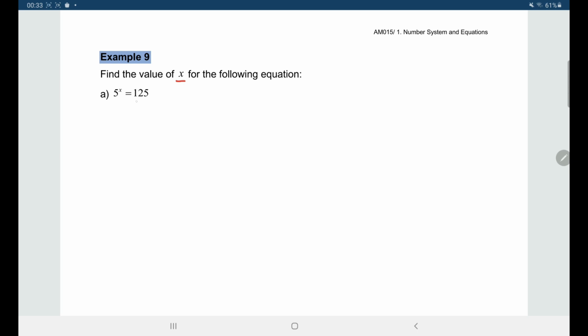Okay, we write 125 in base 5, so we get 5 power of x equals to 5 cubed. Since the bases are the same, we equate the index, so we get x equals to 3.